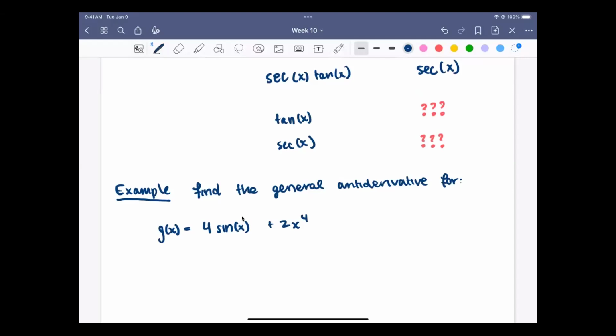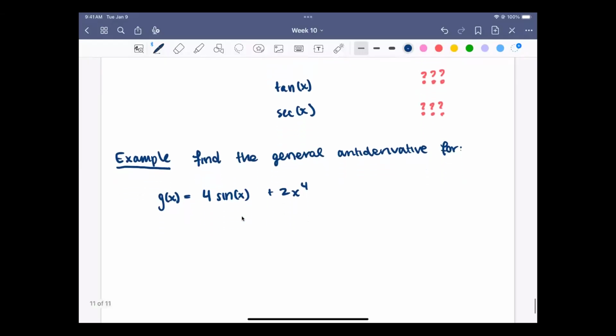And then we'll do a similar thing for this half of it. Let me just find the antiderivative of these two constituent functions, and then we'll use those two antiderivatives to build back up the antiderivative of g.